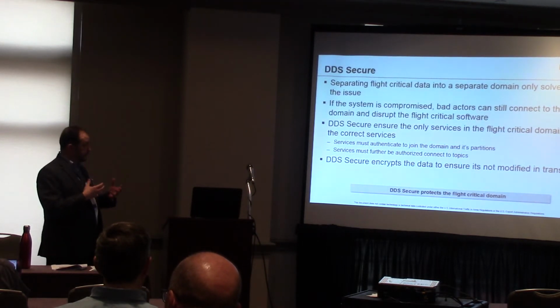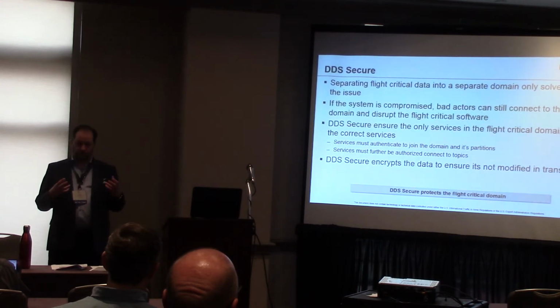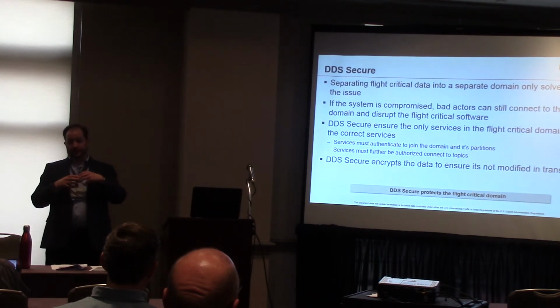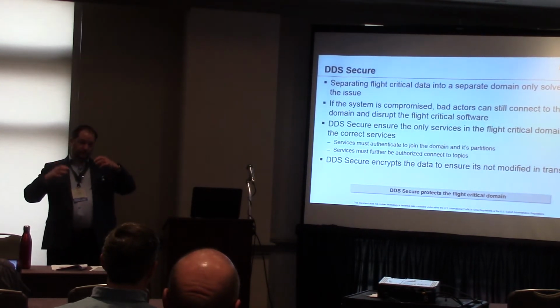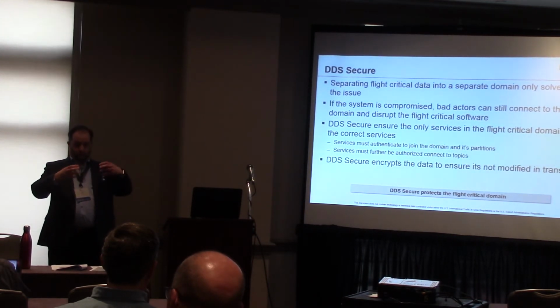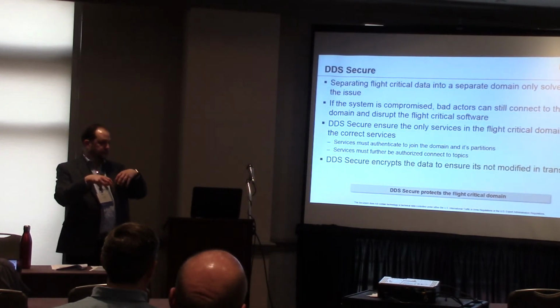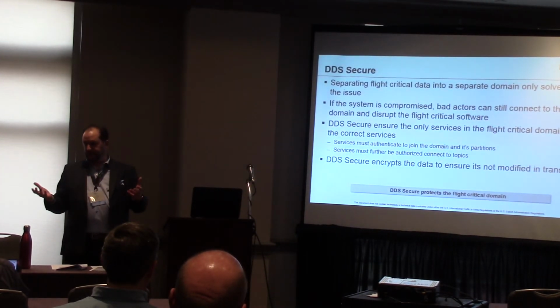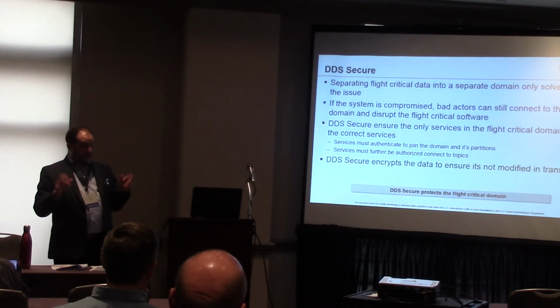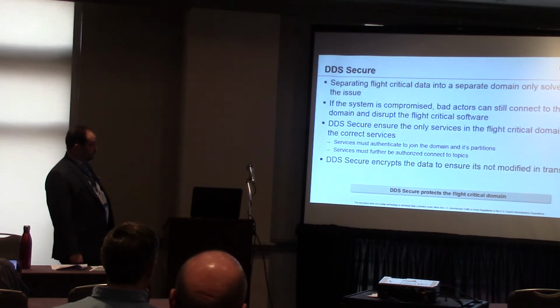The idea is that once we have everything divided, then we can implement DDS Secure. We're going to then be able to say only these services that are flight critical services, and only the ones that we've built, right, are allowed to connect to the flight critical domain, and that would prevent anybody who's trying to tag along who shouldn't be from connecting to that domain.